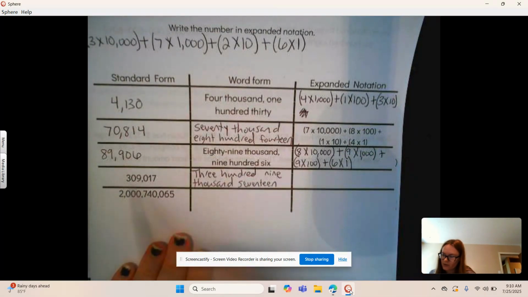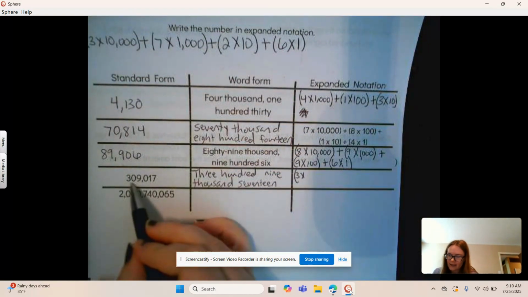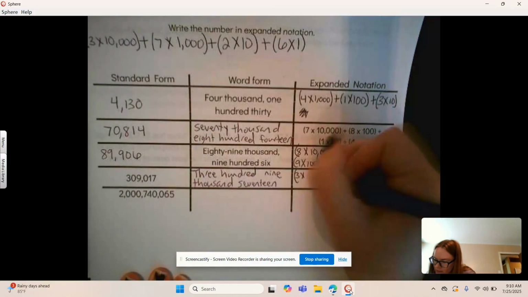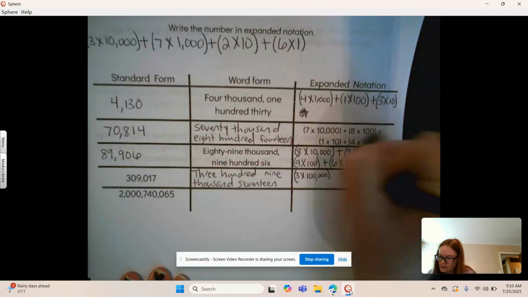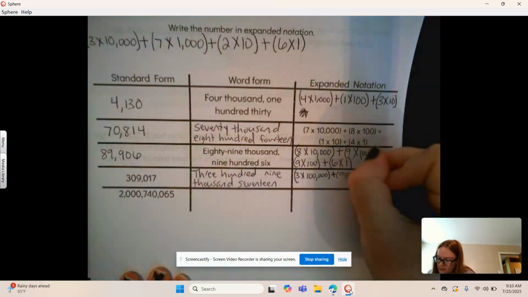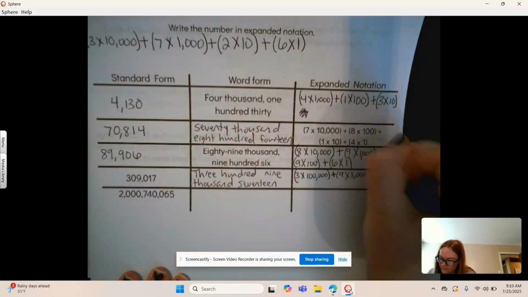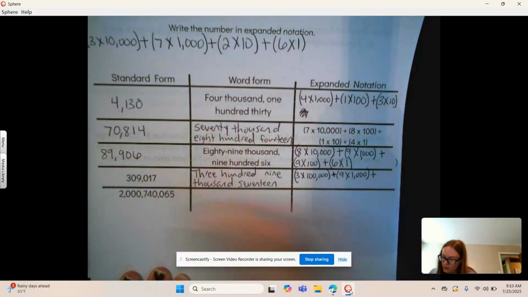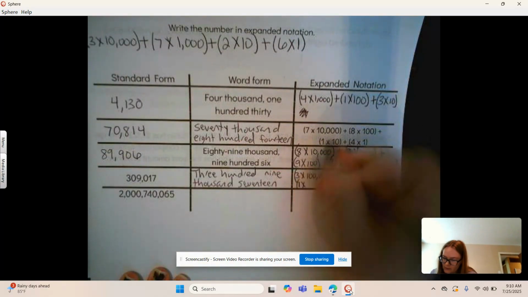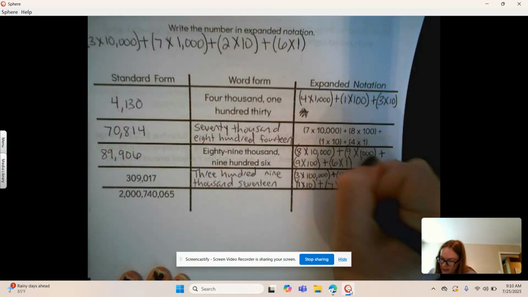Our first digit is a 3. Let's look at this one because it's not in the place value 10,000s anymore. What place value is it in? 100,000. Good. Okay, so we have 3 times 100,000 plus, what's our next digit? 9 times, what place value is it in? 1,000 plus, our next digit is a 1 times 10 plus 7 times 1.